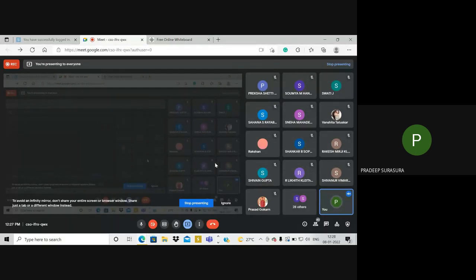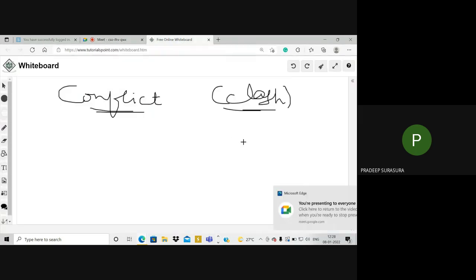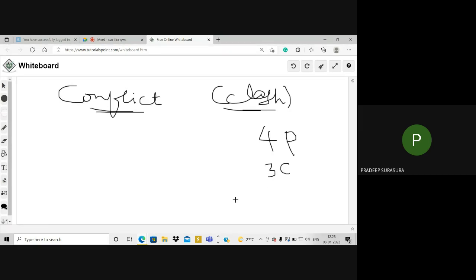Do you have a conflict in the musical chair game? When can a conflict occur? What do you mean by conflict in musical chair? Imagine there are 4 people. According to you, N minus 1 means there should be 3 chairs, correct?